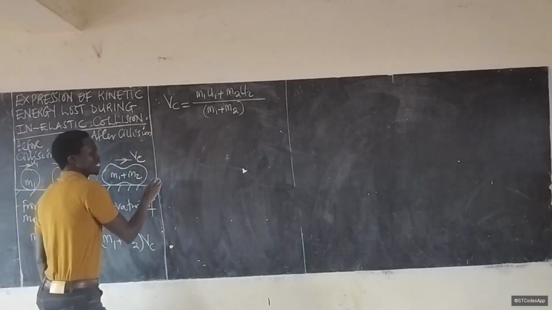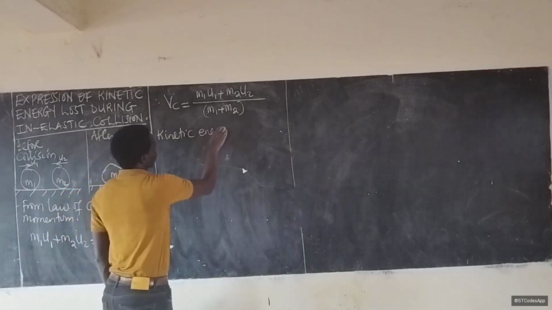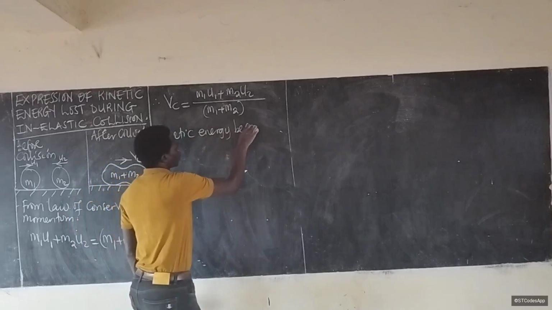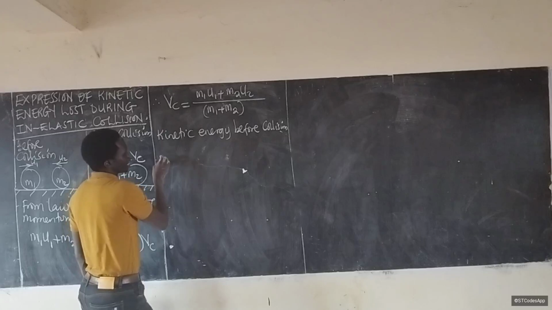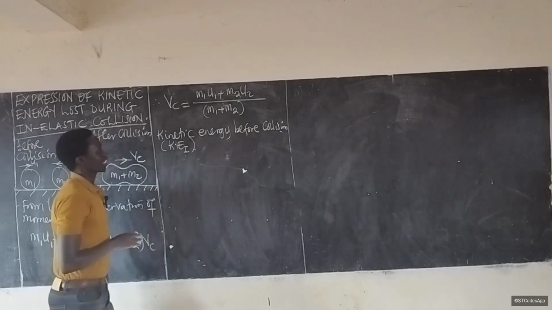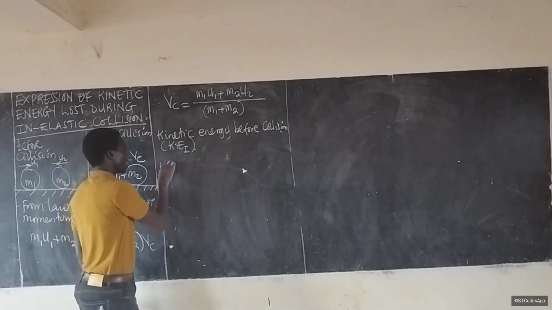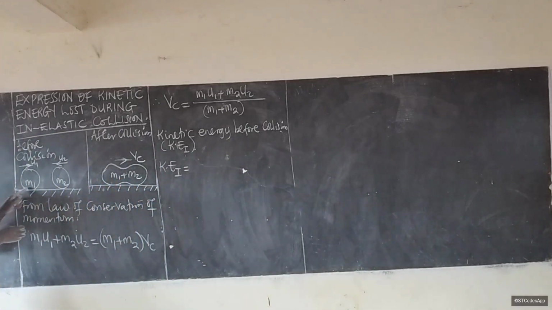So I am going to get kinetic energy before collision. So I can represent that by saying kinetic energy initial, I, to mean kinetic energy before collision. So initial kinetic energy would be equal to, because the two bodies are moving separately with different speeds, so they have individual kinetic energies. That will be the total kinetic energy of the system.